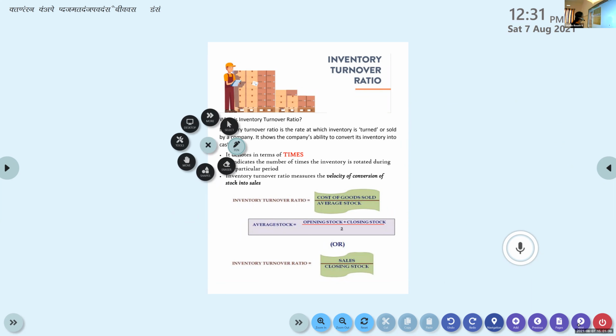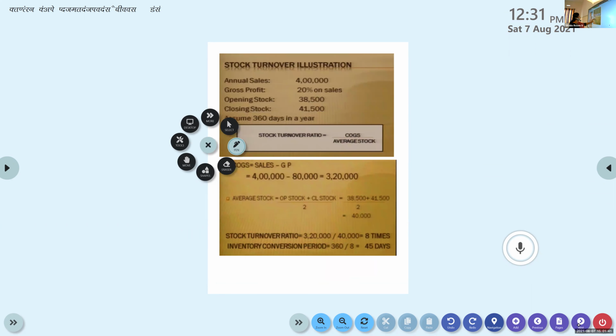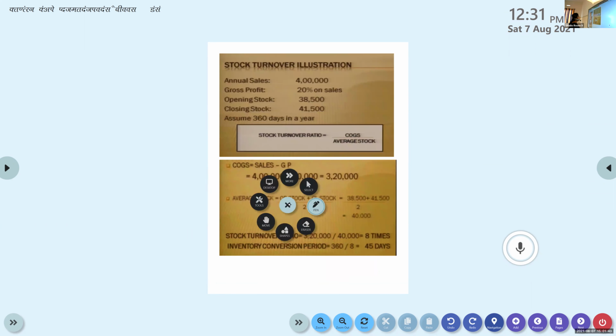Now let us do a problem based on this. Annual sales is given. Gross profit is given. Gross profit is 20% on sales. Then opening stock, closing stock.